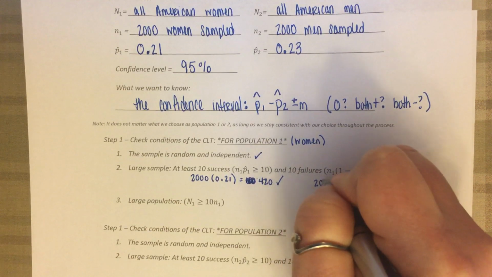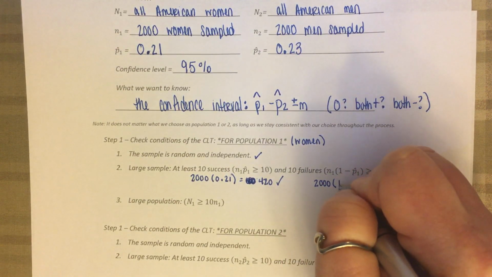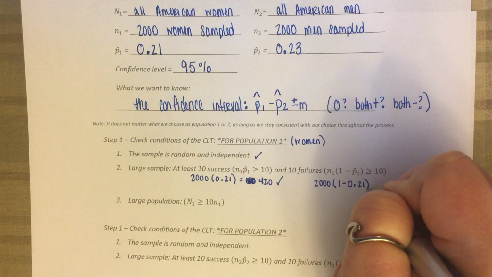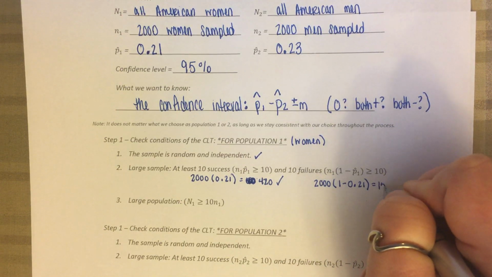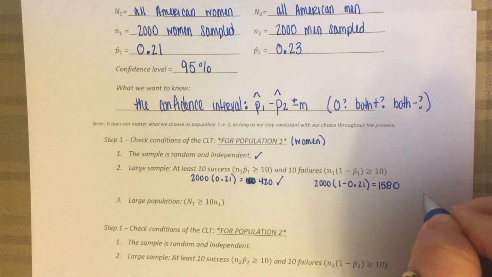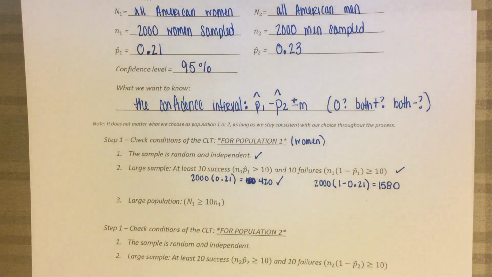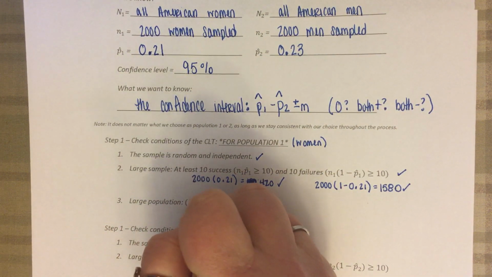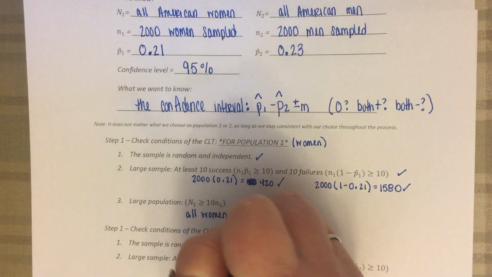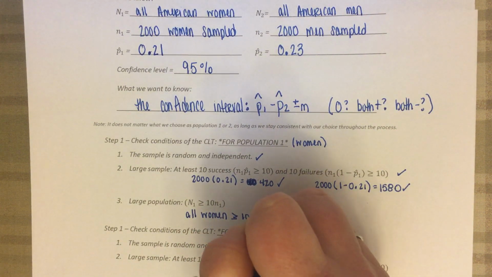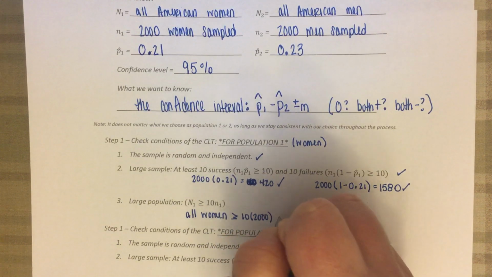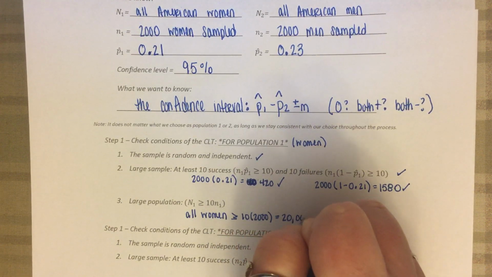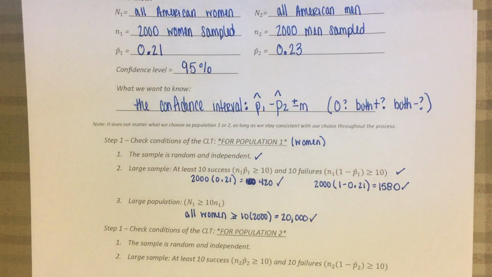Our number of failures, 2,000 times 1 minus 0.21, gives us 1,580. So both of those are larger than 10. For our large population, all women must be greater than or equal to 10 times 2,000, which is 20,000. Well, that's true. There are more than 20,000 women in America.